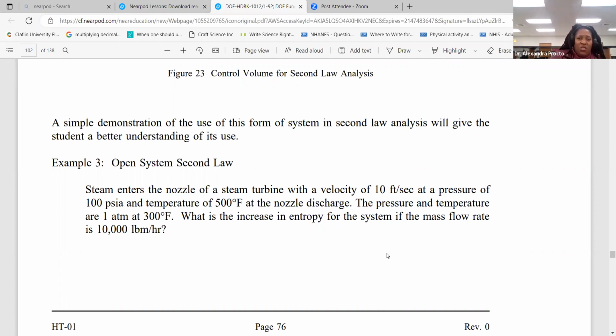At the nozzle discharge, the pressure and the temperature are 1 atmosphere and 300 degrees Fahrenheit. What is the increase in entropy for the system if the mass flow rate is 10,000 pound mass per hour?